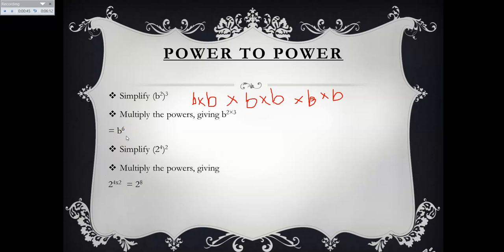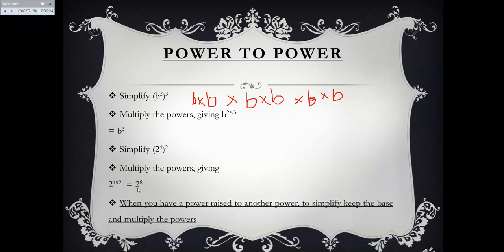Another example, 2 to the 4th power squared. Simply multiply the two powers and we get 2 to the 8th power. So again, power to power law says when you have a power raised to another power, to simplify, keep the base and multiply the powers.